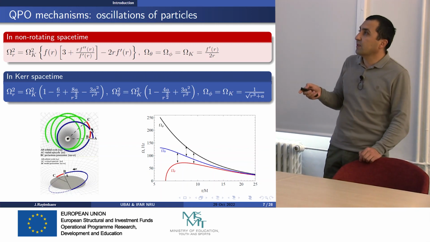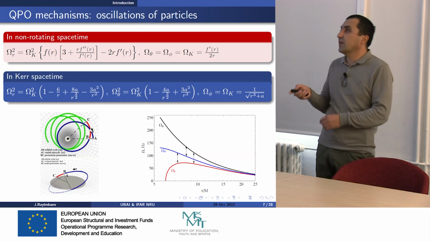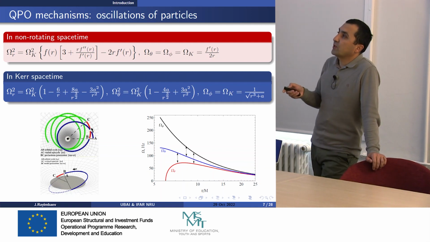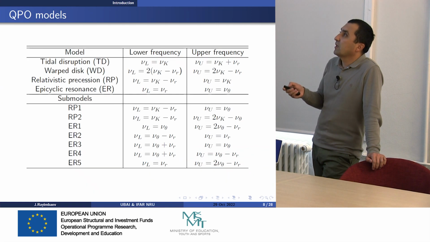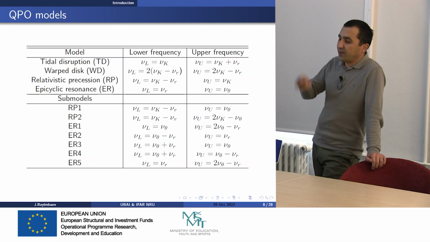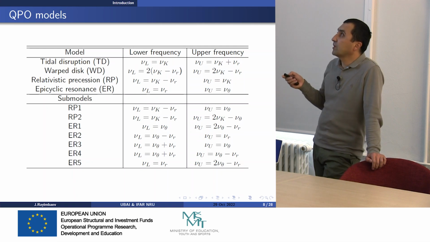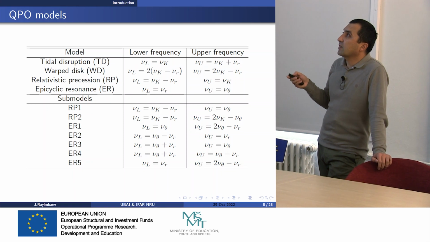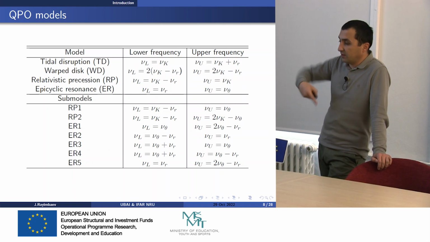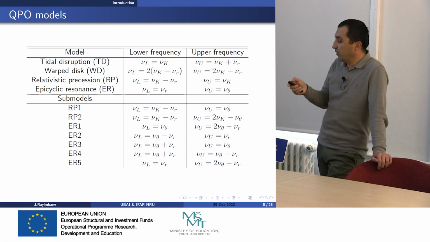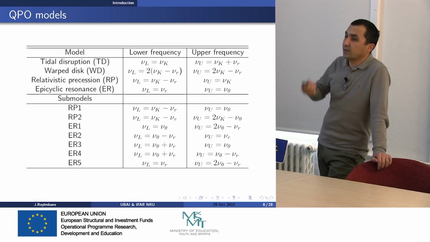They have some shifts and precession in their orbits, and due to the precession we can see radial oscillations, and the precession claims that the upper frequency of the QPO is due to the Keplerian orbits of particles, and the lower can be generated by the difference between the Keplerian and the radial frequencies.